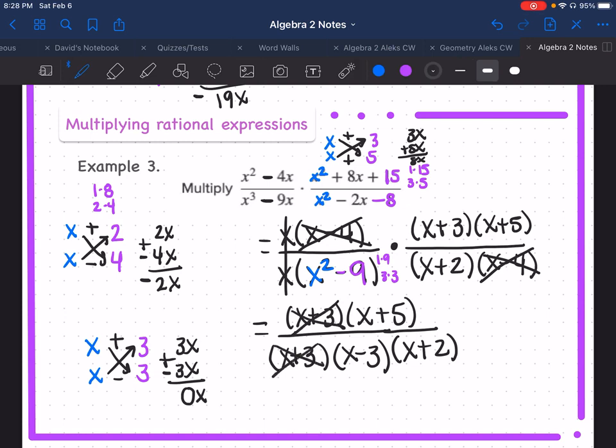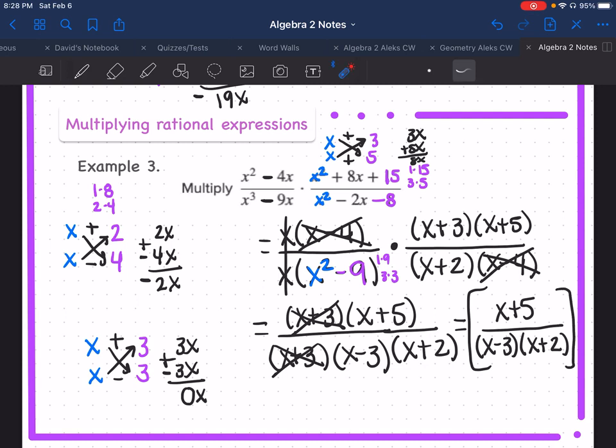So goodbye, and my answer is x plus 5 over. Since we are multiplying, it is okay for you to leave it in the factored form. We have completely factored. There is no need for you to multiply the denominator out. You can leave it just this way.